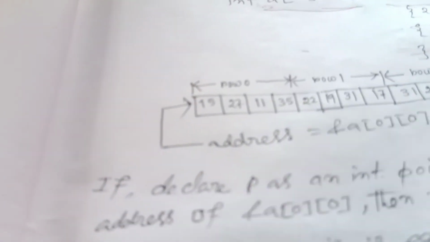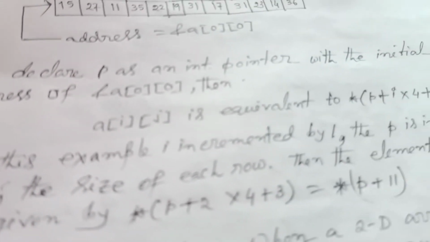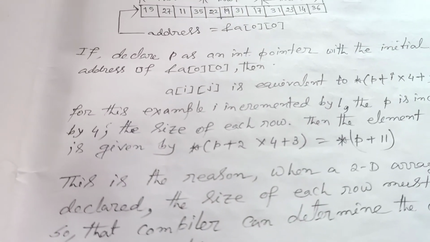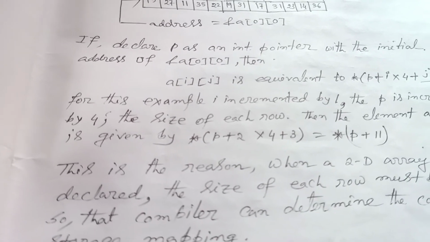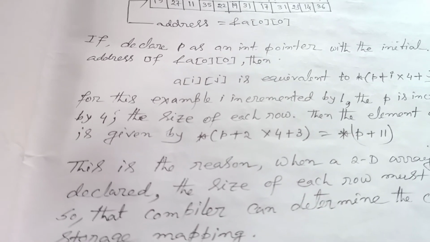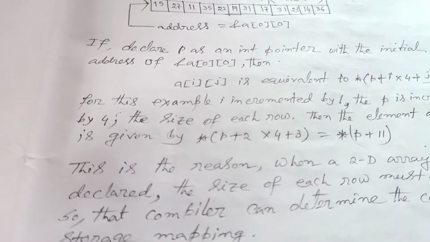Okay, so if we declare p as an integer pointer with the initial address of ampersand A00, then Aij is equivalent to pointer p plus i into 4 plus j.